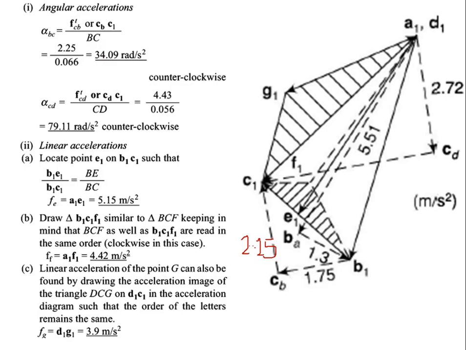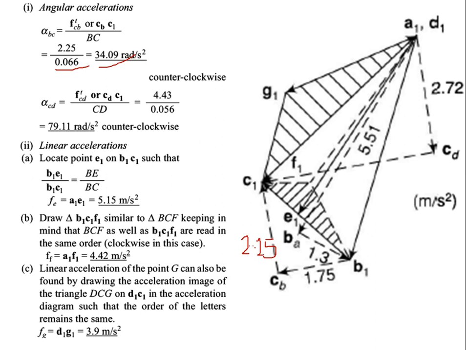So I will take CBC1, so 2.25 divided by 0.066, I will get 34.09. Same thing, FTCB is nothing but alpha BC into BC. So just reverse it to calculate alpha BC: it will be FTCB by BC. Okay, so you got 34.09.